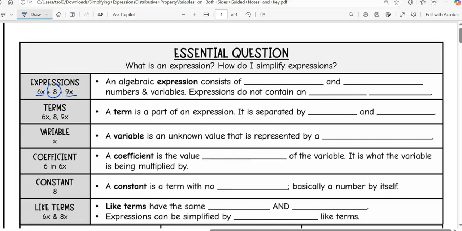It says an algebraic expression consists of adding and subtracting numbers and variables. Expressions do not contain an equal sign, so there's no equal sign on expressions.